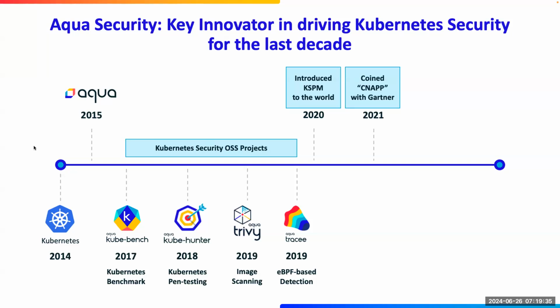And that includes both our protection of Kubernetes, as well as our dev security, as well as our cloud security posture management side. And then finally, in 2021, we introduced our industry first CNDR, and that's leveraging our Aqua Tracee threat detection engine. CNDR is cloud native detection and response.